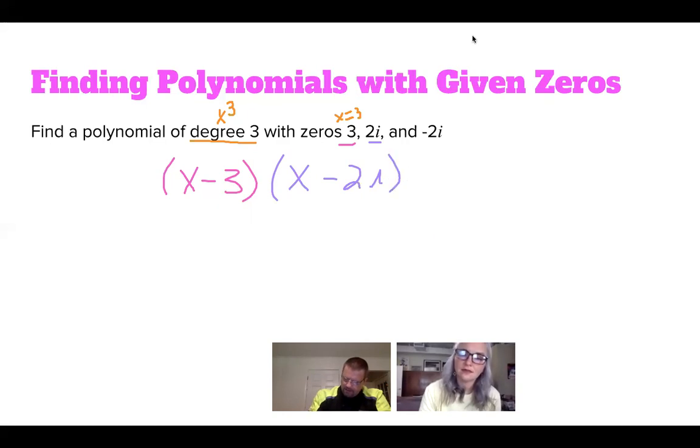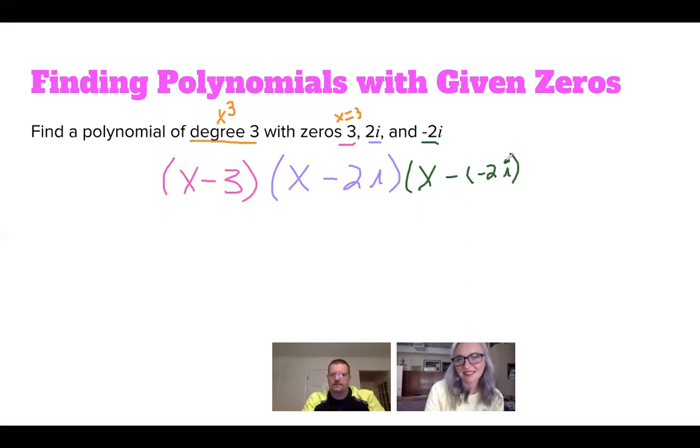And then the other one is going to come from x minus negative 2i. To remind them of the factor theorem. But yes, minus and negative becomes plus. So we can erase that and fix it.